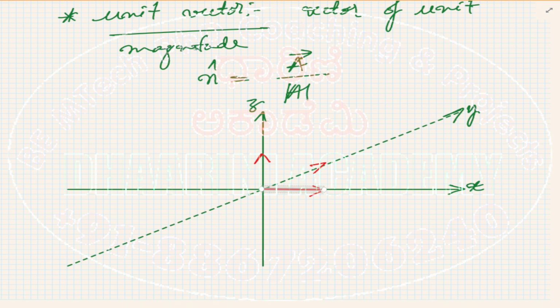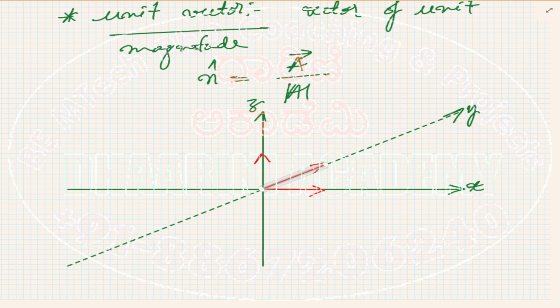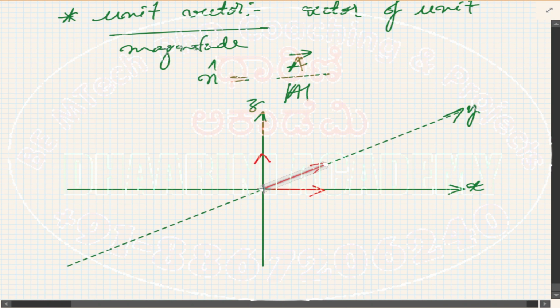Same thing holds good if you measure the distance from origin along this direction, that's also 1. So distance measured from origin along the Z axis is 1. The direction is indicated by the X, Y, and Z axis. They are I cap, indicating the unit vector along X axis.